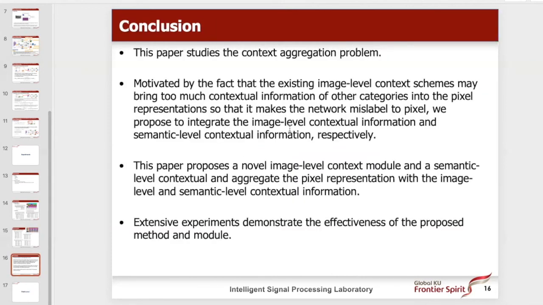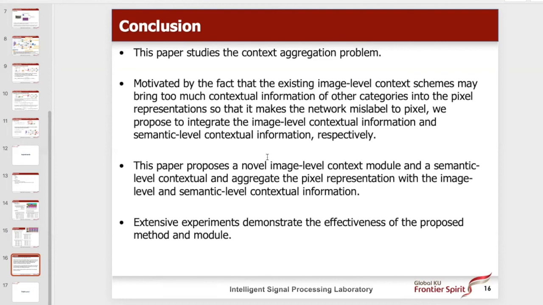Finally, we come to the conclusion. In this paper, the author tries to study the context aggregation problem. The motivation is that he wants to overcome the limitations of the existing image level context schemes. The problem is that too much contextual information from other categories may lead to misclassification.